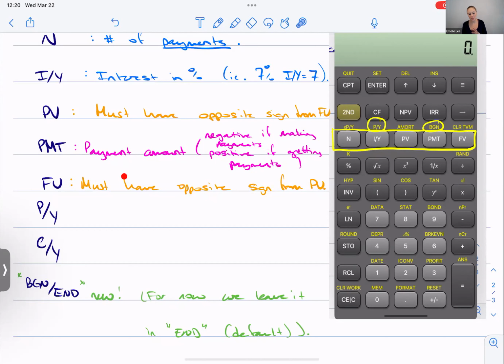The opposite would be if I have some amount saved up and now I retire, for example, and I want regular payments coming to me. Then I've deposited this amount into some account, so it's left me, and then I'm getting payments, so now these are positive payments. And then in the end, I have 0.